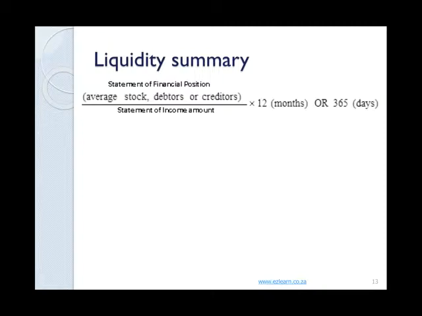In order to make the comparison more meaningful, we need to use the beginning and end balances from the statement of financial position and divide them by 2 to work out the average for stock, debtors and creditors. If you can remember that we use our financial position figure over the statement of income figure and then times it by the period that we are looking at, it will help you to be able to calculate these much more easily.